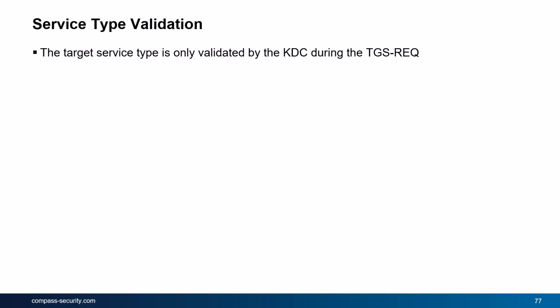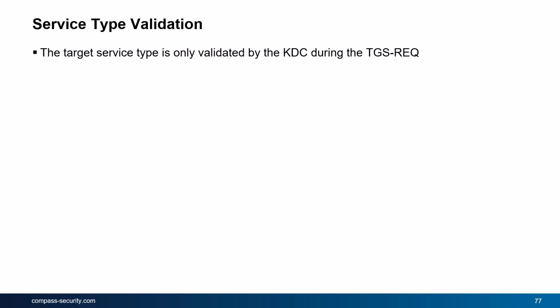So when a system configured for constrained delegation is asking for a service ticket that is usable for delegation, the KDC will actually check the list. So if a service requests a ticket for CIFS, but the delegation configuration only says LDAP, the request will fail.